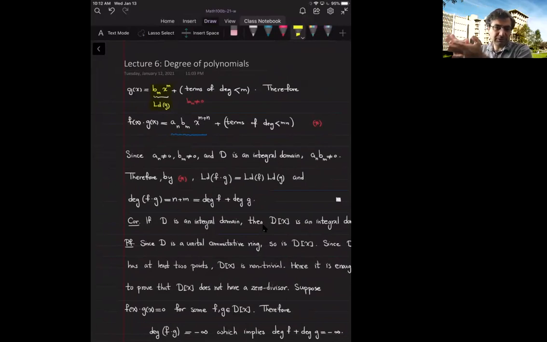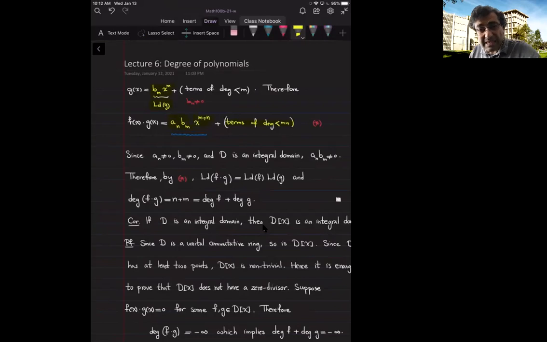Now, when I multiply f by g, I use the distributive law. We are going to multiply the leading term of f by the leading term of g, and I end up getting a sub n b sub m x to the power m plus n, and the other terms will have degree definitely strictly less than m plus n.